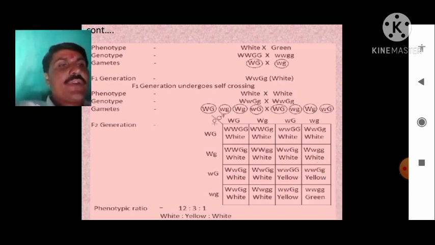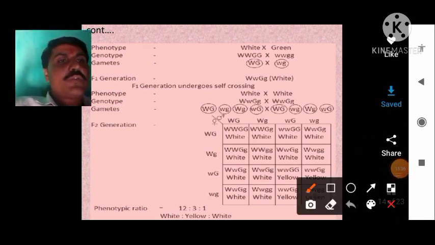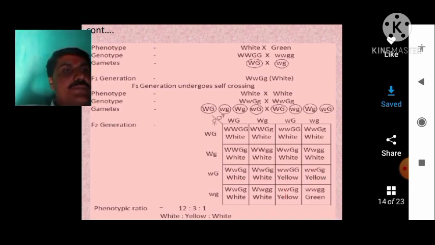But now when we talk about this yellow one, in the genotype you see the smaller double w and only one capital G here. The same condition we see in this yellow one: smaller double w with capital G and a smaller g.